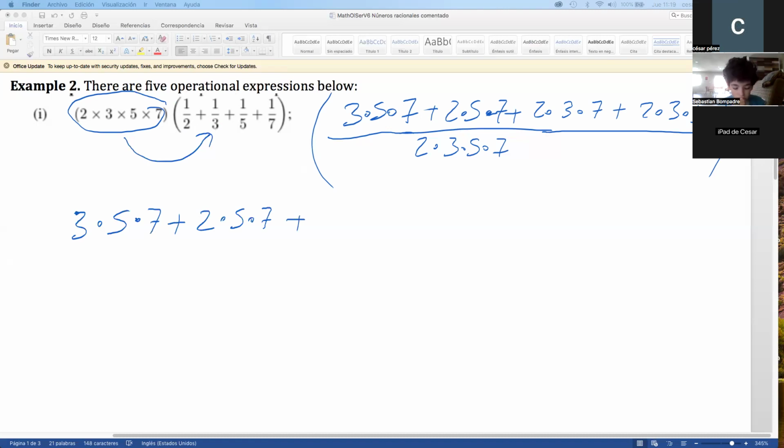And when we multiply this, 2 times 3 times 7. On the next, 2 times 3 times 5.